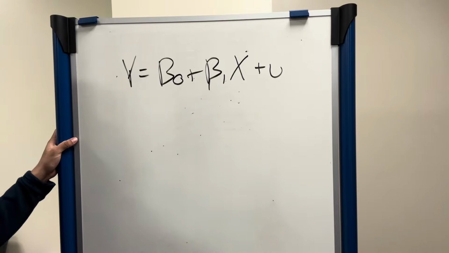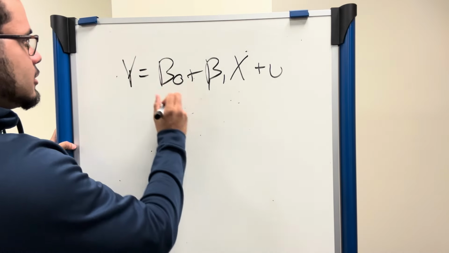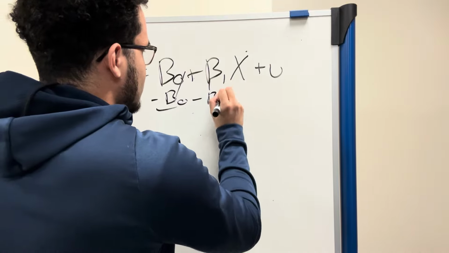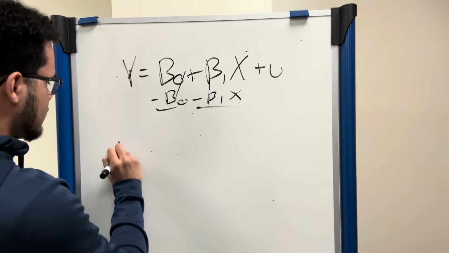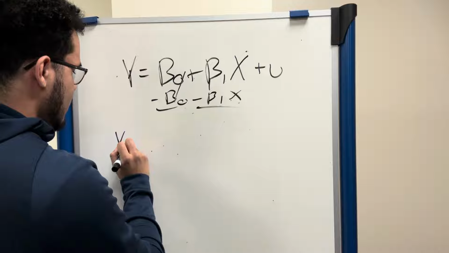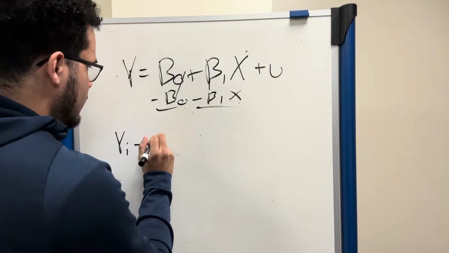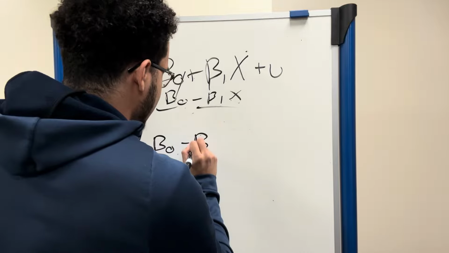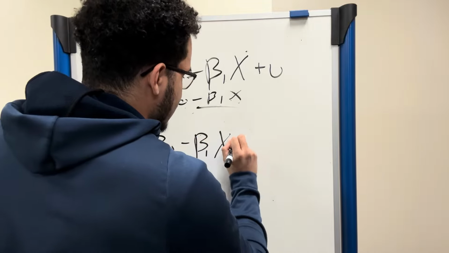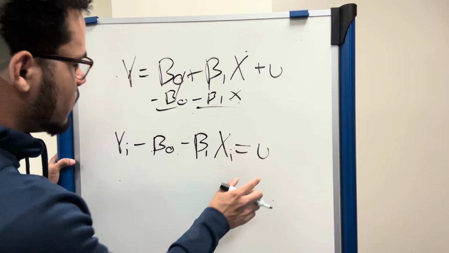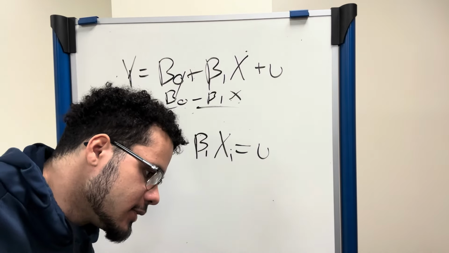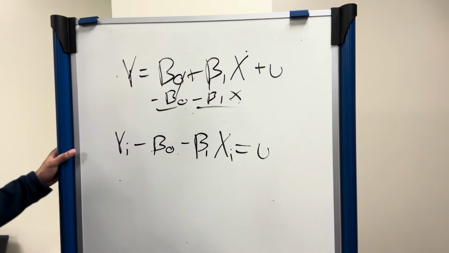So now we want to solve for the unobservable, so we just move all of this to the right, right? So we end up with y i minus beta naught minus beta 1 x equals u, which is what we would like to observe, right?